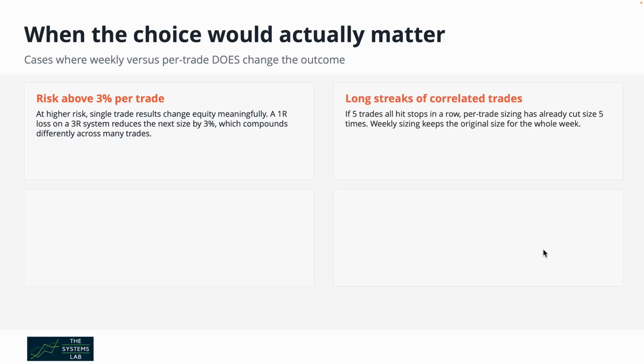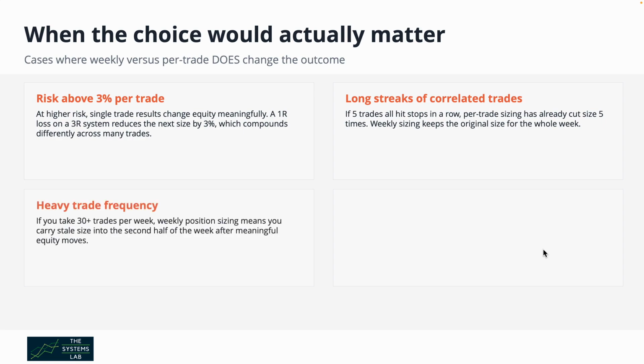Next would be long streaks of correlated trades. So for example, if 5 trades all hit their stops for a full 1R loss in a row, per trade sizing has already cut the size 5 times. Weekly sizing would keep it the original size for the whole week.